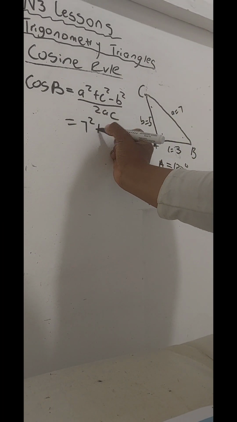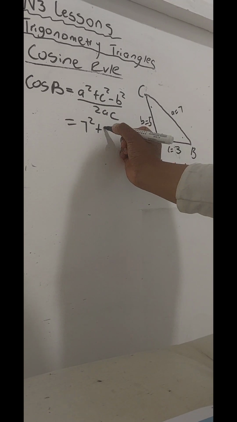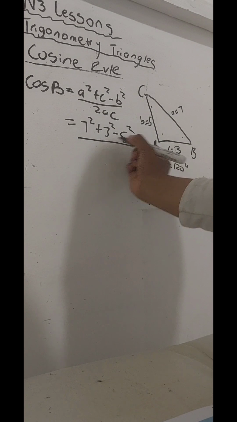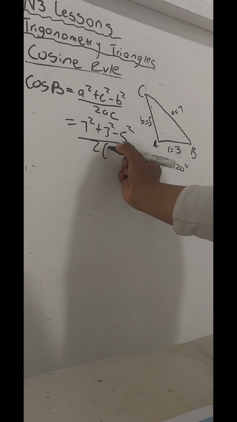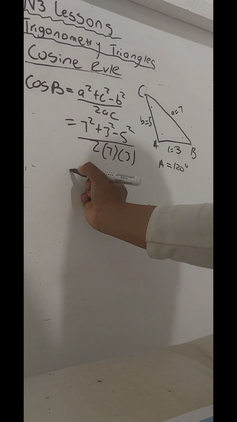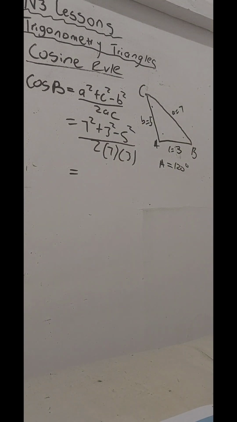So 7 squared plus C, which is 3, squared, minus 5 squared, over 2 times A, which is 7, and C, which is 3. Substitute everything, guys. It's going to be 7 squared plus 3 squared minus 5 squared over 2 times 7 times 3.